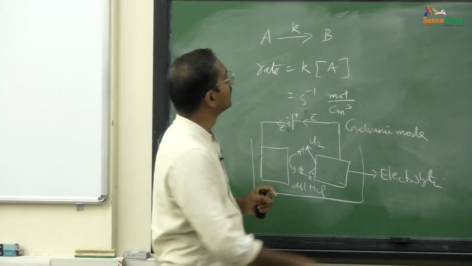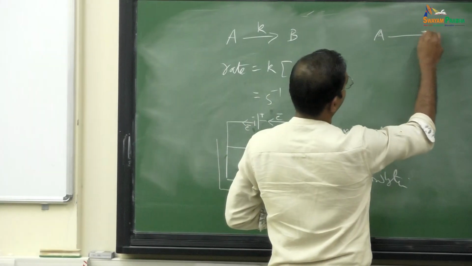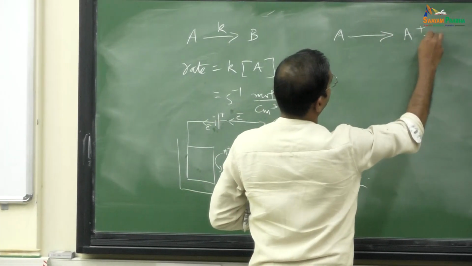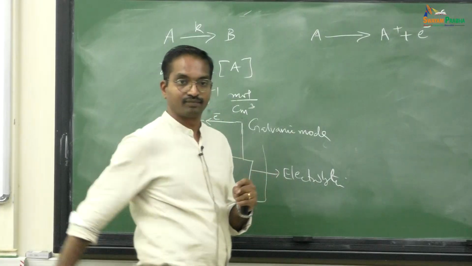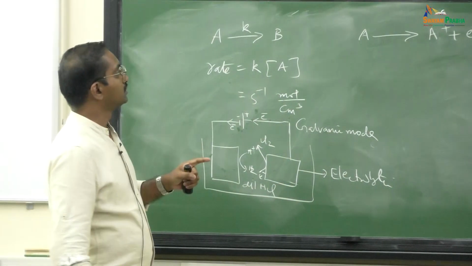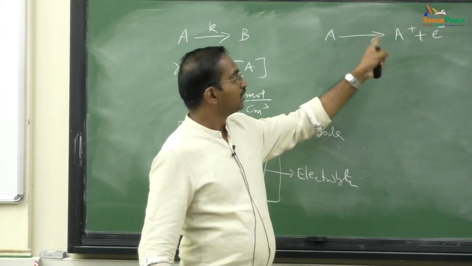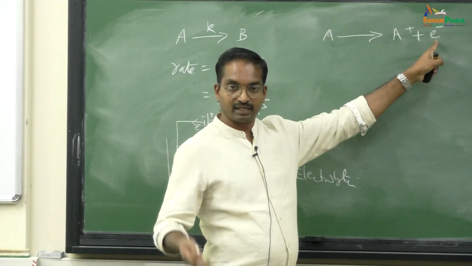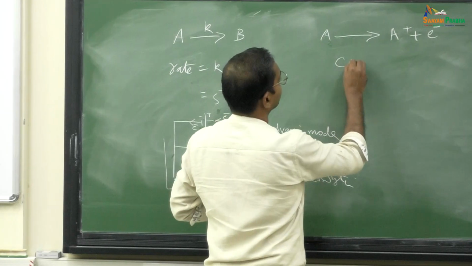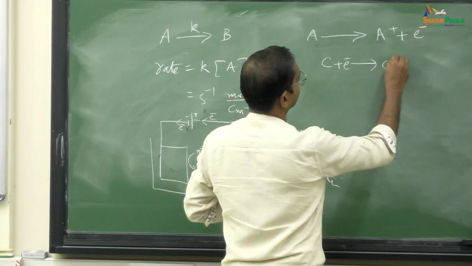In electrochemistry, I will rewrite it a little differently. I do it like this. See, now if I take this electron from this species, and this electron has to go somewhere, there may be something C that takes the electron, gives say C minus.